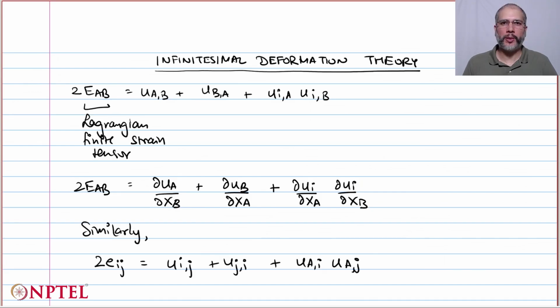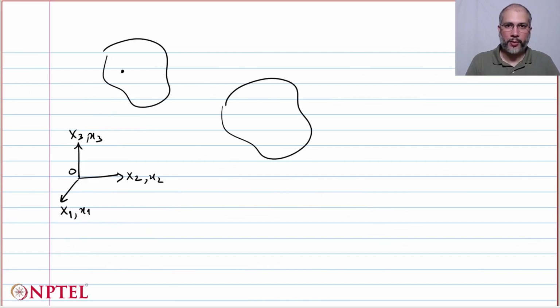So before we do anything to this tensor, let us understand what is the meaning of displacement gradients. So we have a point P in this reference configuration, or let's say the undeformed configuration. And then we have a deformed configuration where the point P after deformation becomes small p.